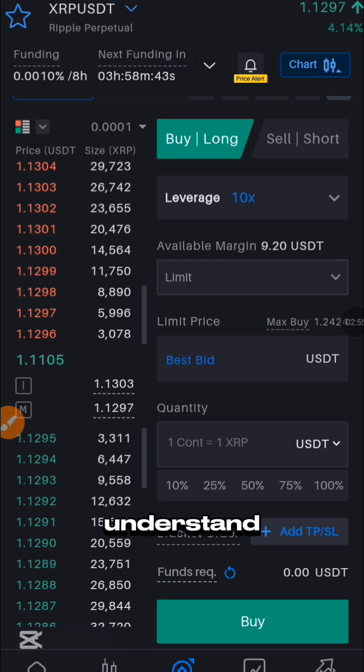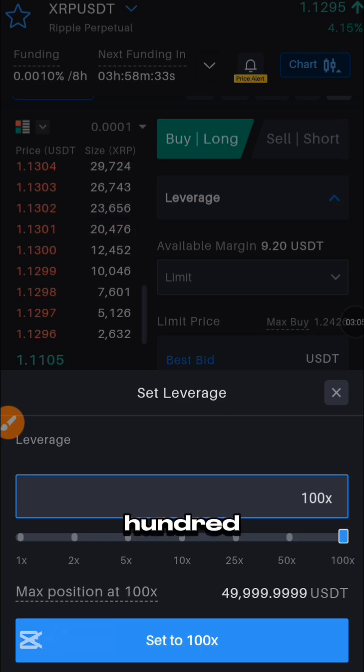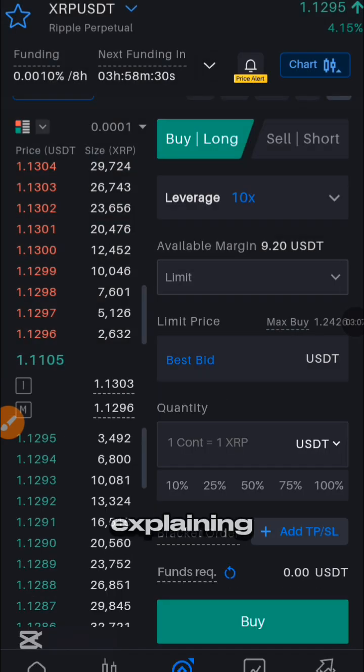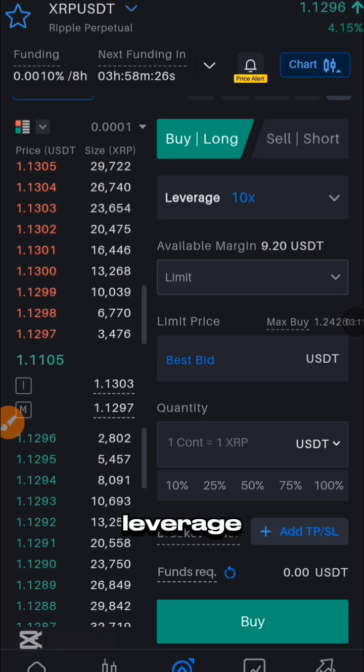Alright, now let's understand, what do 5x, 10x mean? What do this 5x right here, 10x, 50x, or even 100x mean? We are going to be explaining step by step so you understand what 5x leverage means.